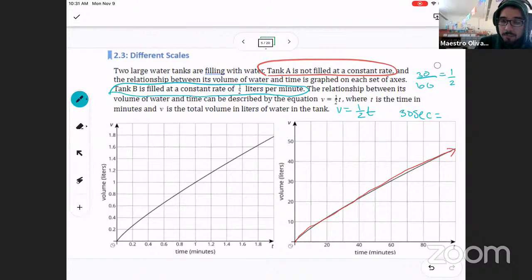So how do you do this? Well, you need to graph this equation. Using your notes from our vocabulary, what is the slope of this equation? I know it doesn't have any x's or y's, but technically this would be y equals 1/2 x. So using your notes, what do you think the slope is?